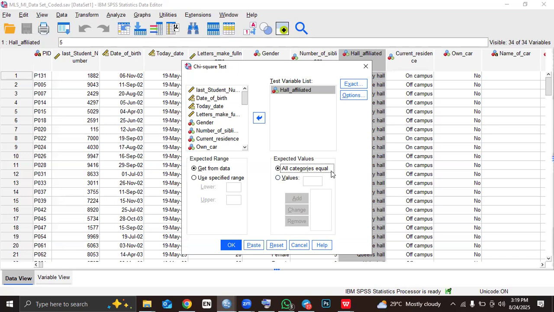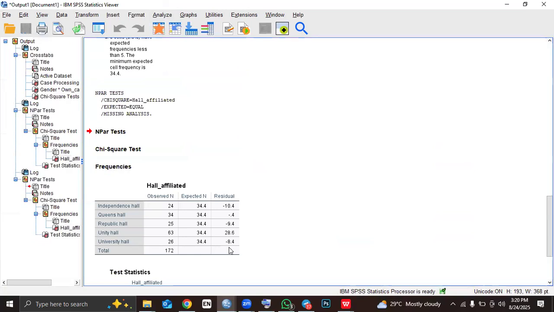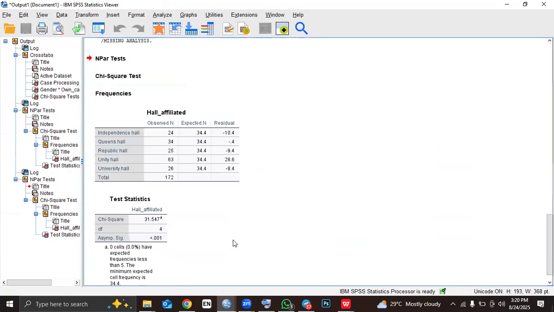So in this example, we are just testing all categories equal, meaning that we are expecting that the students are going to be equally distributed within the hall affiliations. Once we do this, we click OK, and SPSS is automatically going to do the analysis and generate everything for us.